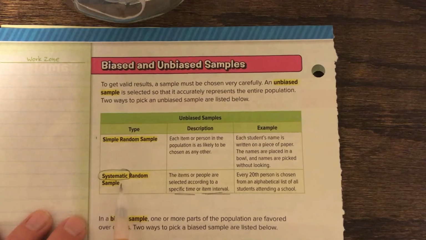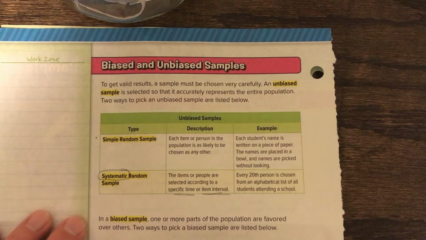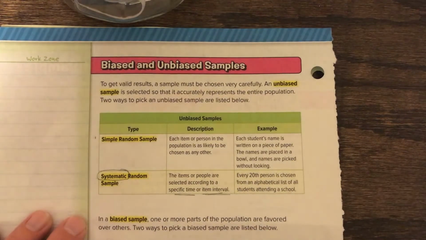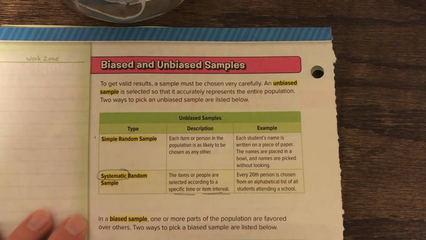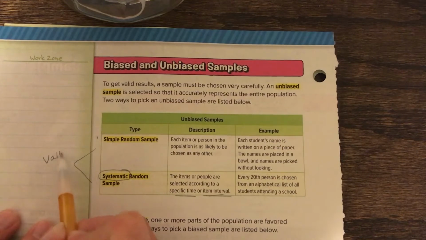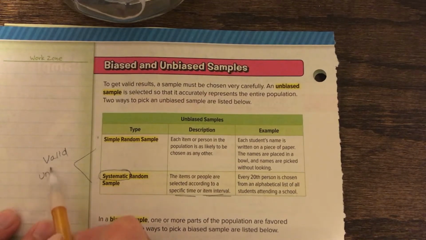That would be systematic because there was a system in place and it was every 100th person. Their example is every 20th person is chosen from an alphabetical list of all students attending a school. These will give you valid results because they are unbiased.